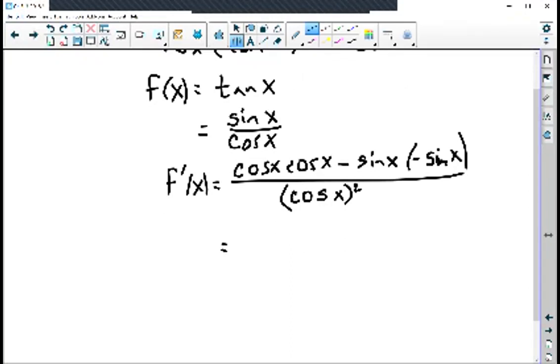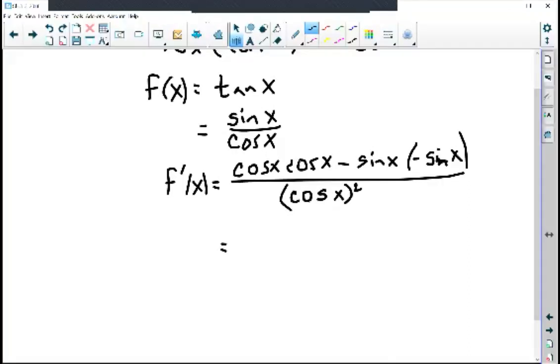All right, in the numerator, cosine times cosine. You'll often see that written this way instead of in parentheses with the square on the cosine.